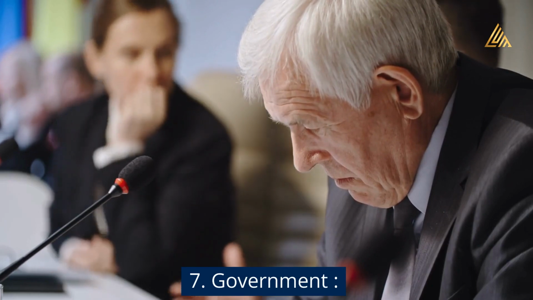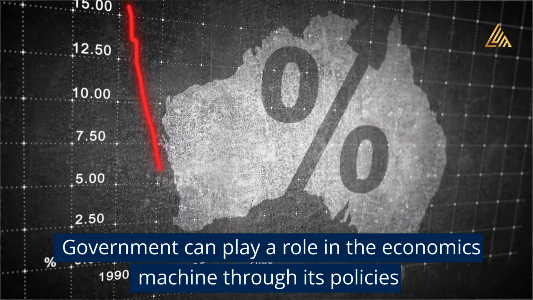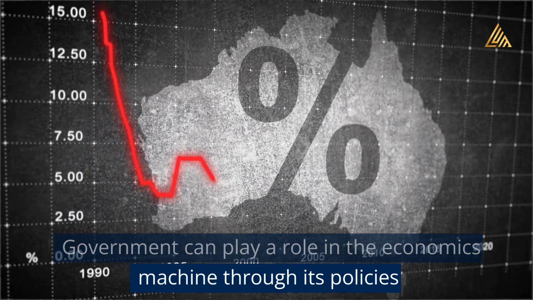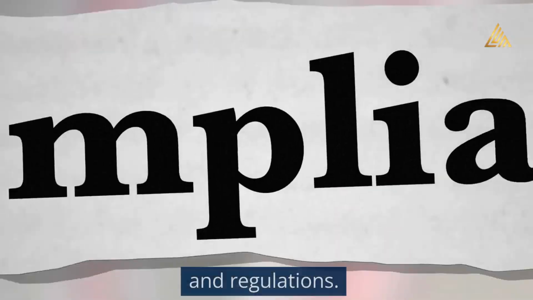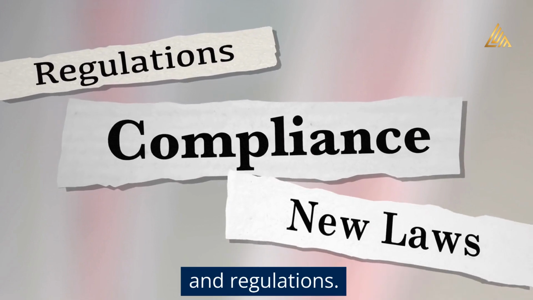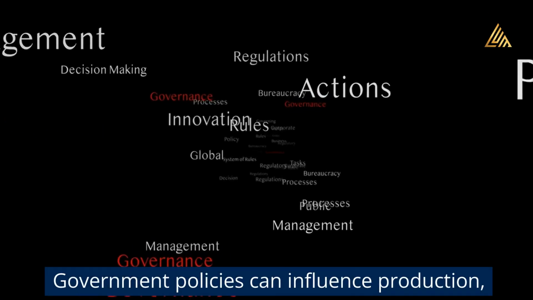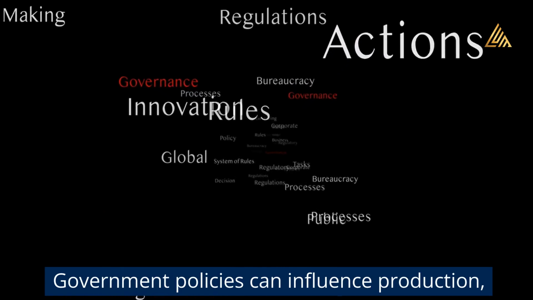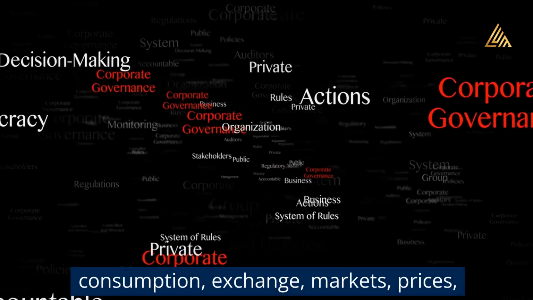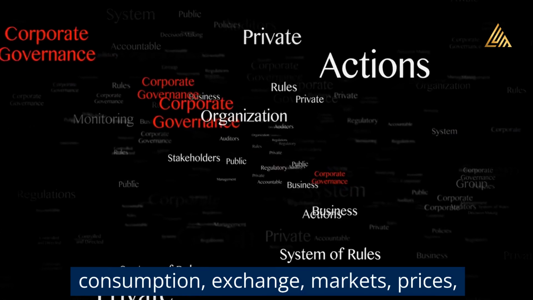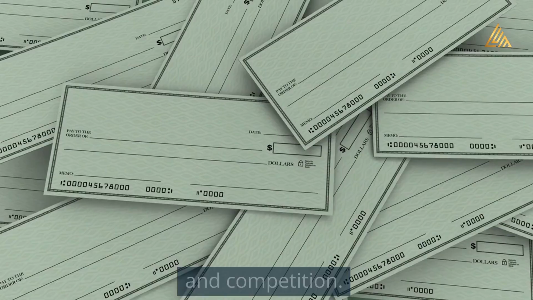Government. Government can play a role in the economics machine through its policies and regulations. Government policies can influence production, consumption, exchange, markets, prices, and competition.